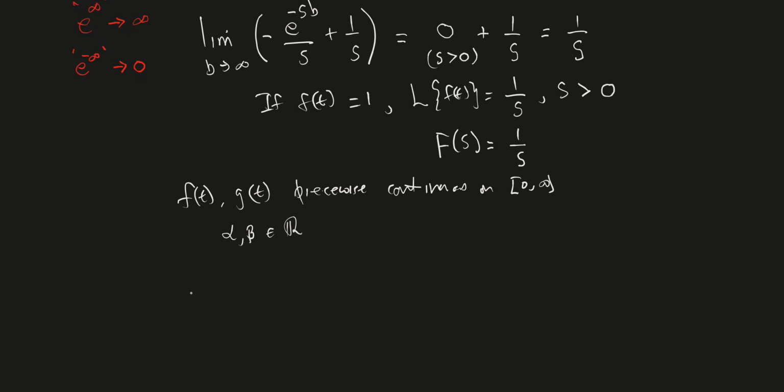Well, it turns out that the Laplace transform of a linear combination of these two functions. So if I take alpha and I multiply f of t, and then I add to that beta times g of t, because we define the Laplace transform as an integral, we can split this into two separate integrals, and we can factor the constants out of the integral.